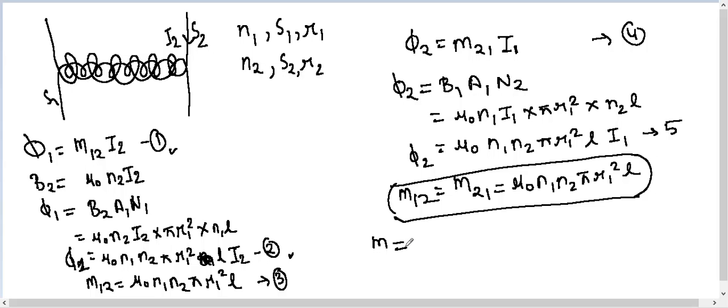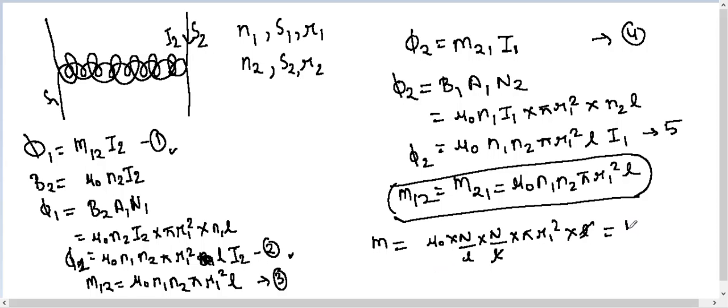Also, we can write this M in terms of N, because small n was the number of turns per unit length. Similarly, N2 is the number of turns per unit length, times pi R1 square into L. One L is going to get cancelled.